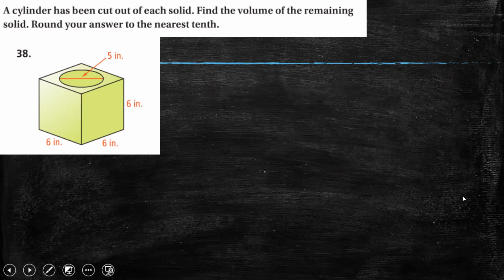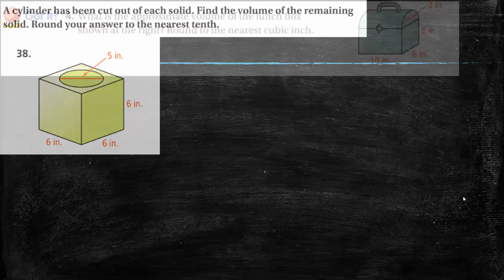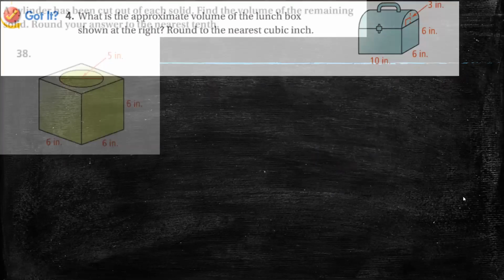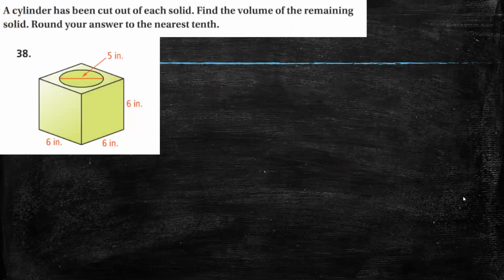Yeah, so let's see. Now the volume of this shape here is the volume of the cube minus the volume of the cylinder.